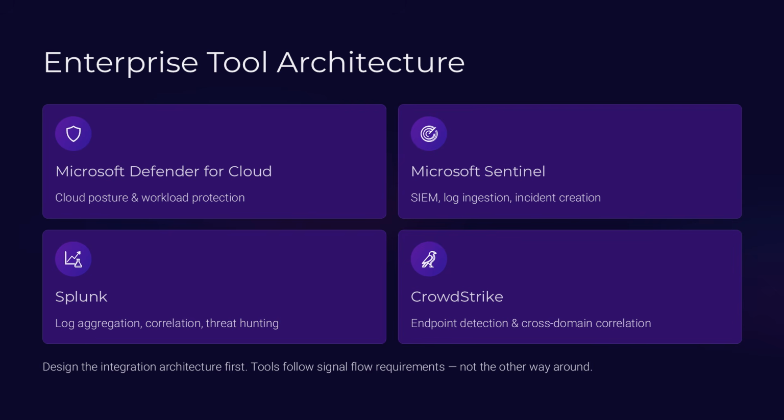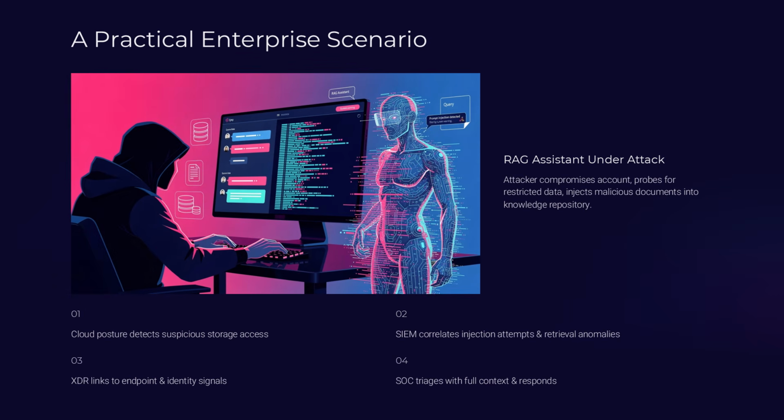As an architect, your responsibility is not to choose a tool brand first. Your responsibility is to design the integration architecture so that whichever tools you use, the signal flows remain consistent, auditable, and actionable.